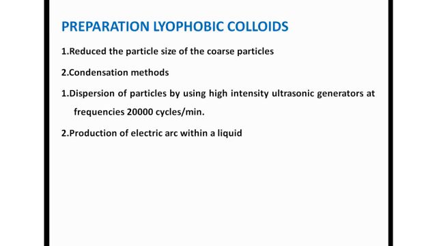It's a condensation method, right? The next one is milling and grinding. Milling and grinding, we all know, just break the size of the particle. It will be used for the first one, that is reducing the particle size of the coarse particle, right?